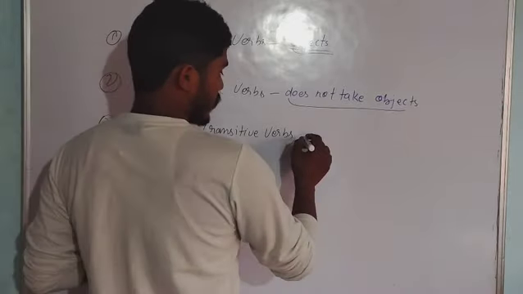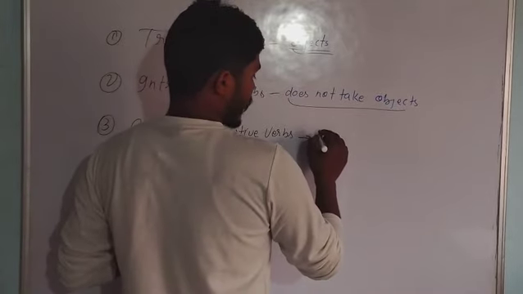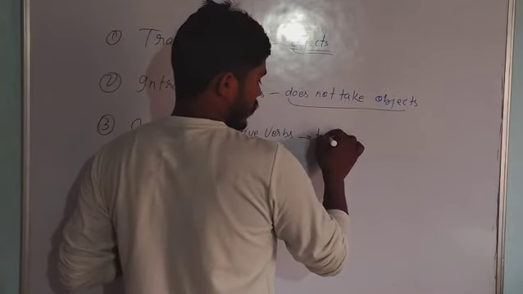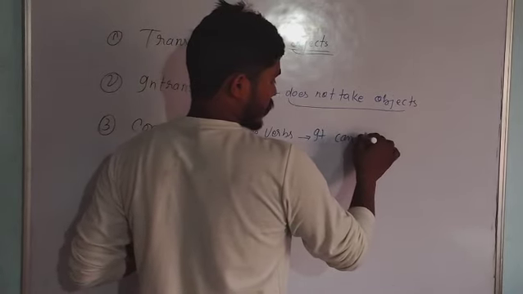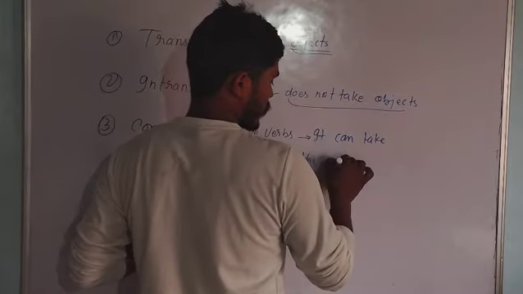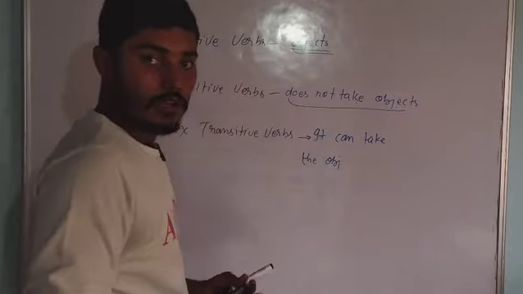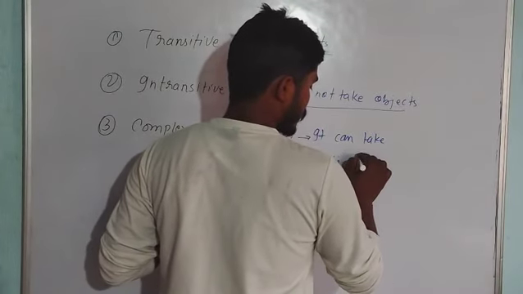So basically the definition of this complex transitive verb is that it can take the object along with the complement.